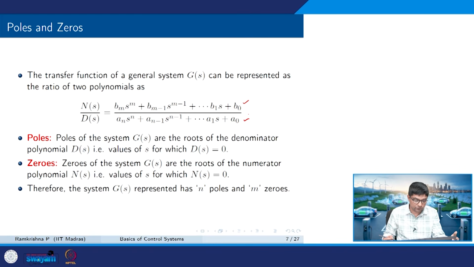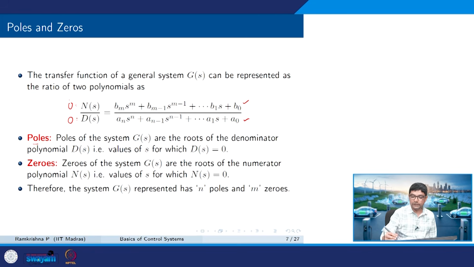Now, from this transfer function, I define two things. One is the poles of the system, which are the roots of the denominator, D(s) going to 0. The zeros of the system are the roots of the numerator, or the values for which N(s) goes to 0.